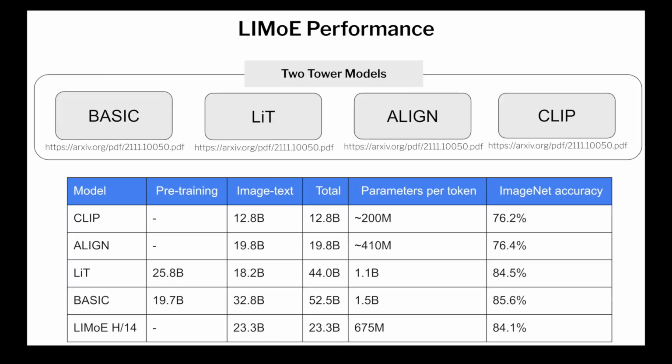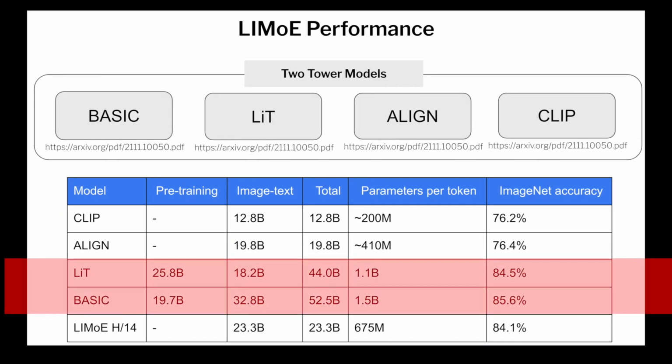After the contrastive learning with LIMoE, we look at the model performance by comparing it with four different models. Both LIT and BASIC had the advantage of pre-training, while CLIP, ALIGN and LIMoE did not use pre-training.